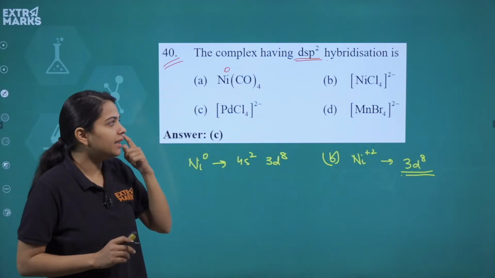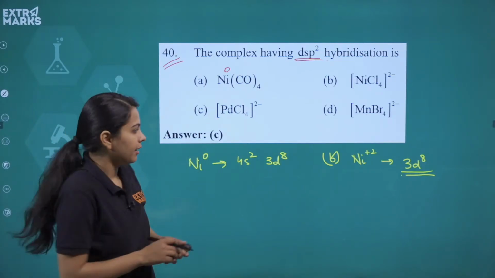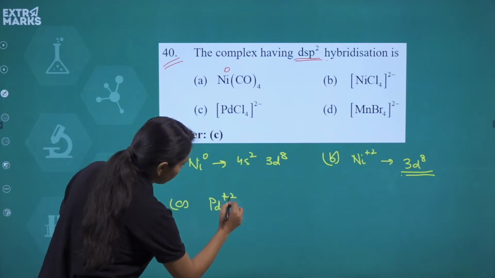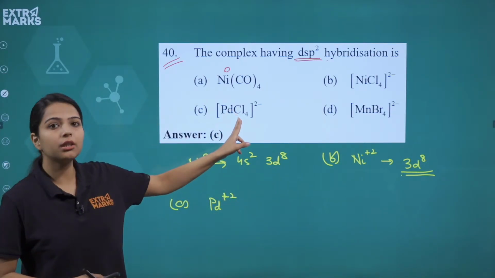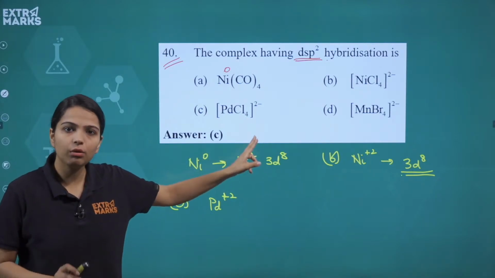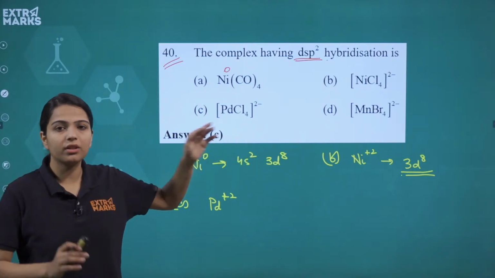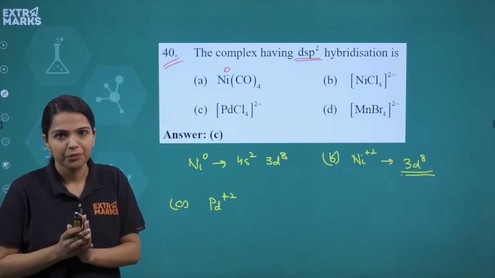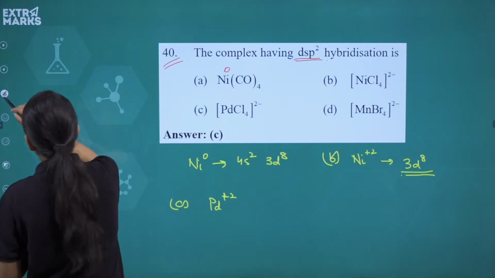Talking about PdCl4 2 negative, in the C part, palladium is in +2 oxidation state. Although we have a weak field ligand here, palladium, having higher d electrons, always forms square planar geometry. So the answer over here is by default option C.